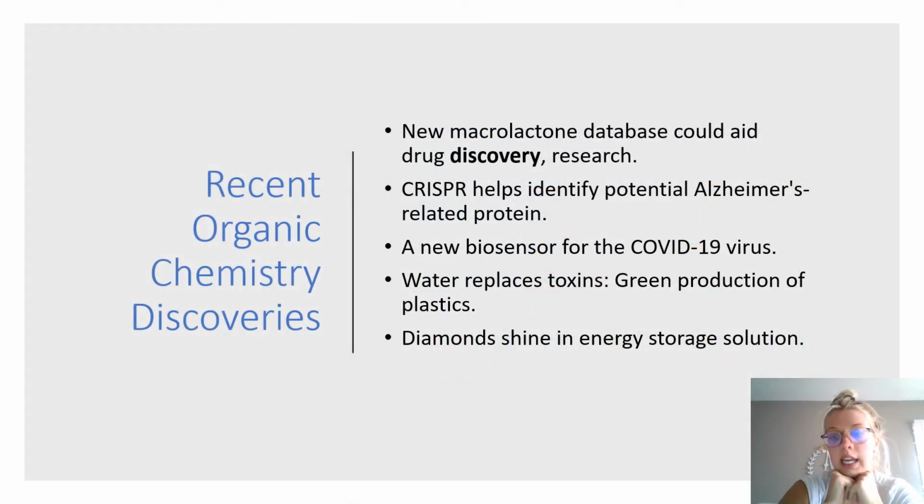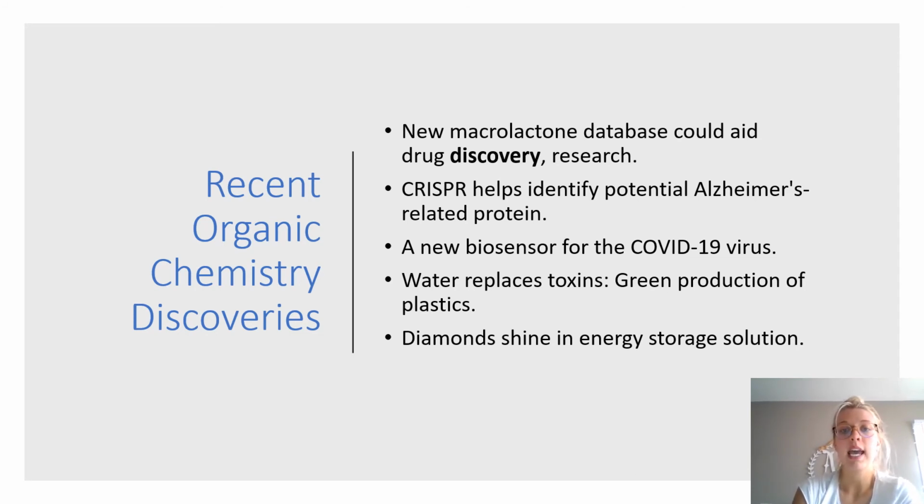Learned what organic chemistry is all about. Let's take a look at some recent organic chemistry discoveries. Here I have 5 new ones that have been discovered. There's a new macrolactone database that could aid in drug discovery research. CRISPR, which is helpful in many ways, has actually been able to help identify potential Alzheimer's related proteins.